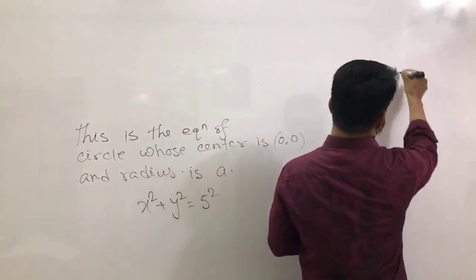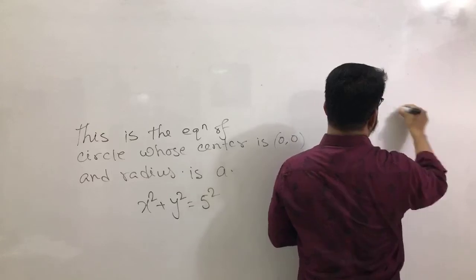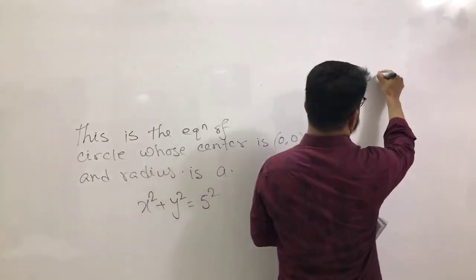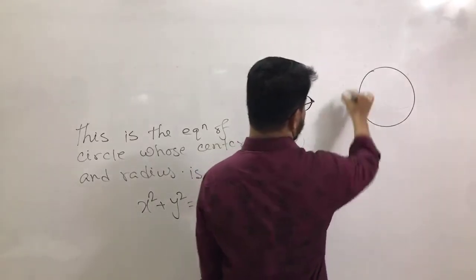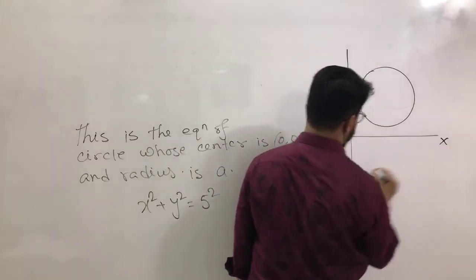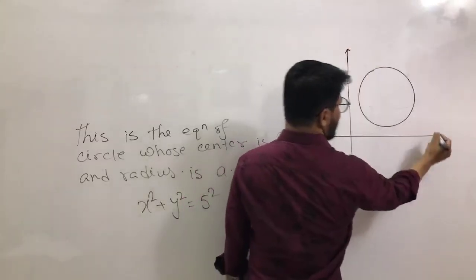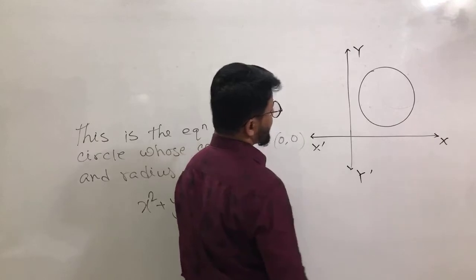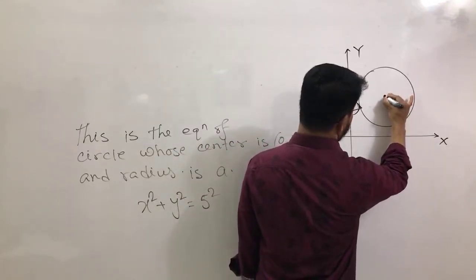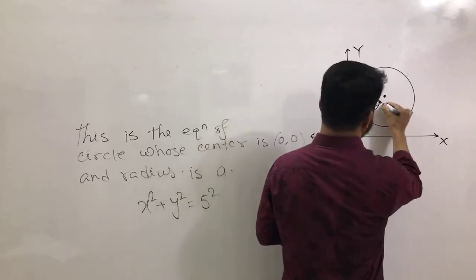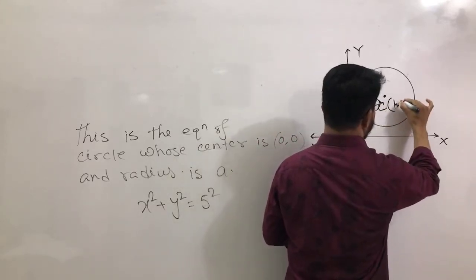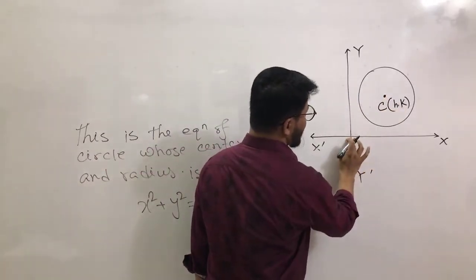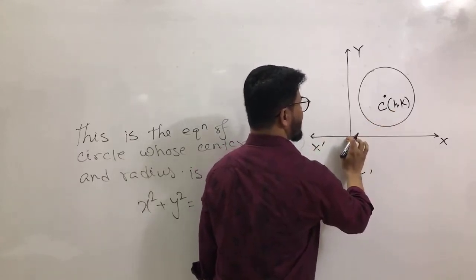I think if we draw a circle here, and this is x-axis and there is x prime, this is y and y prime, and the center, here we can write the center C and the point is H and K. In the previous content we have done the center is at origin, but now in the circle the center is outside the origin.